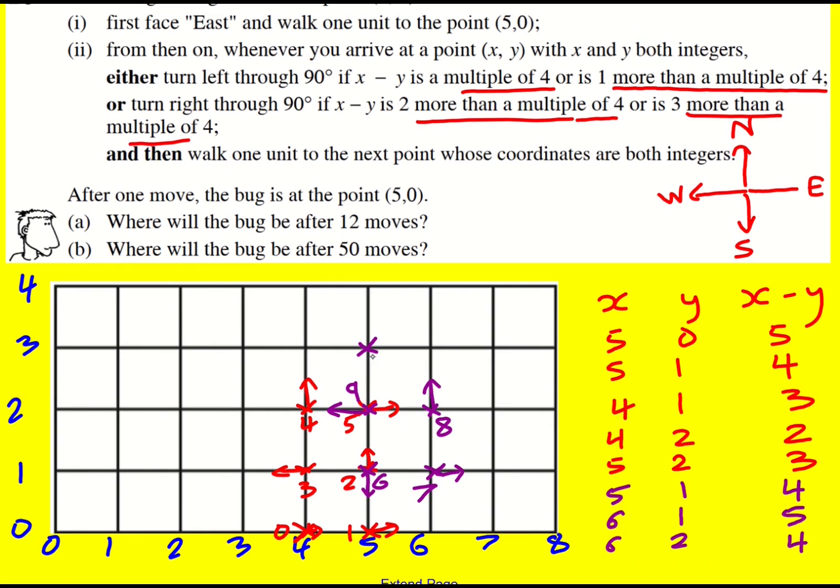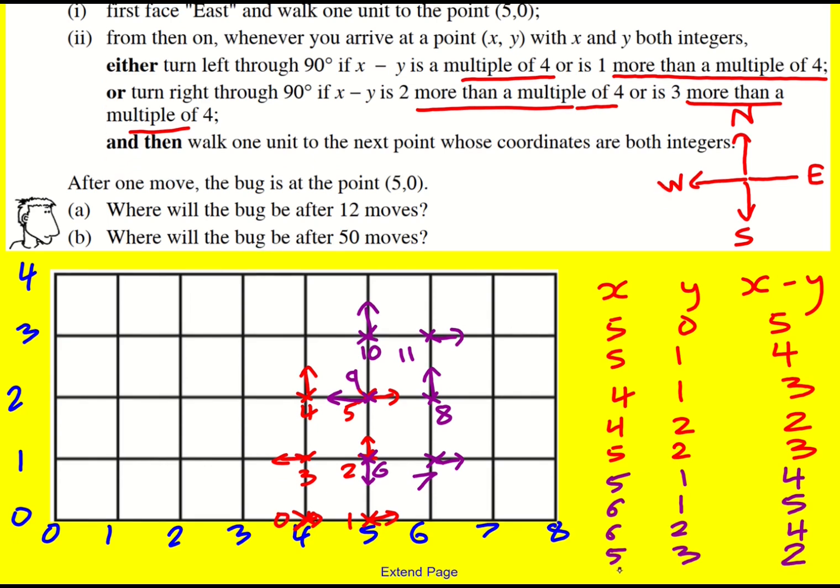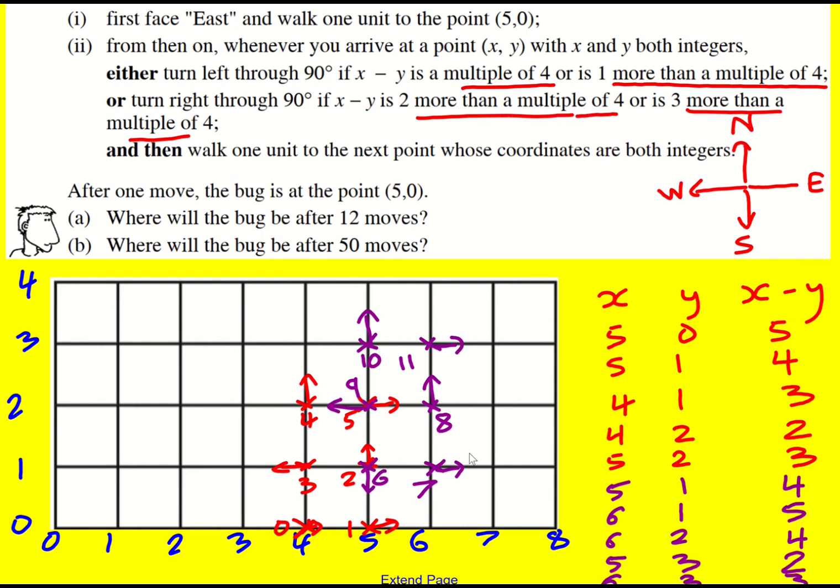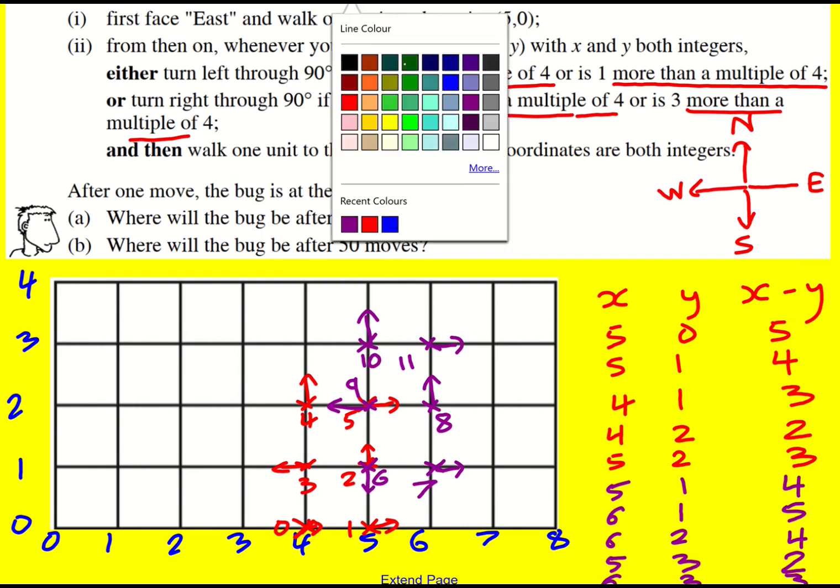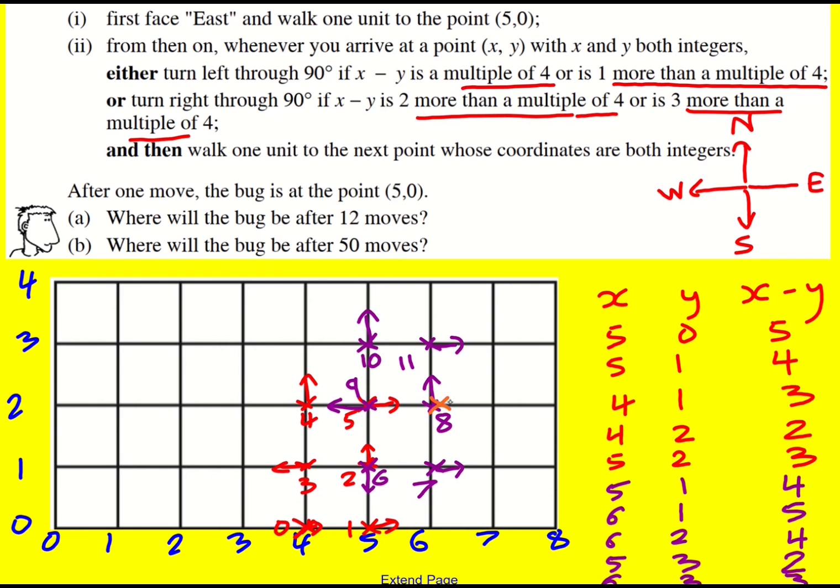Okay, so we're not just going around in a circle, we're finding new places to go. This is 2 more than a multiple of 4, so turn right again. That's 3 more than a multiple of 4, so turn right again. Okay, so after 12 moves, the bug is going to be at 6, 2. I'm not taking any shortcuts for this, just very carefully working through it.